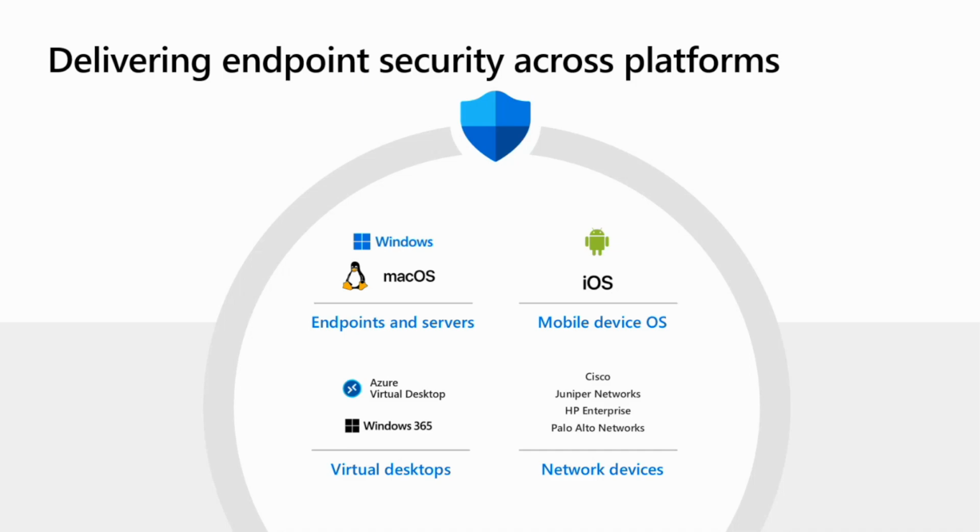This is a recent-ish addition. So if you've got any Cisco IOS, Juniper JunoOS, Aruba OS, Palo Alto, all of that stuff is actually supported for a level of protection from the Defender ecosystem as well.